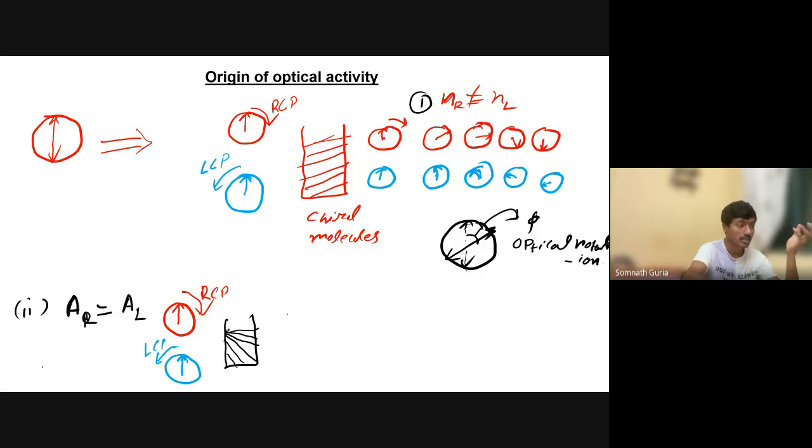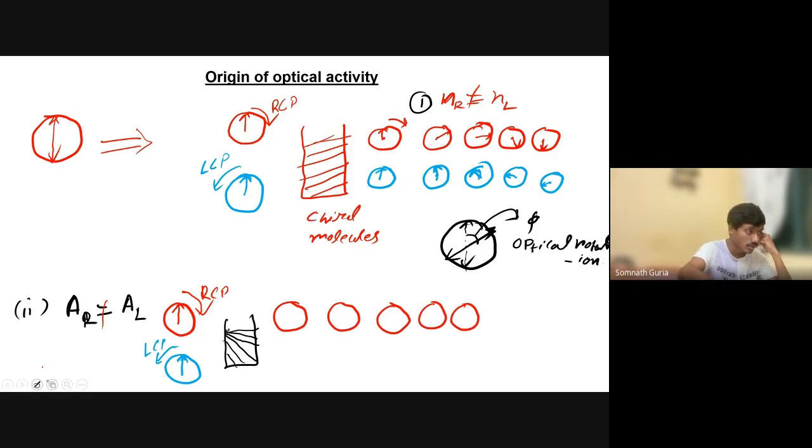So let's suppose LCP is more absorbed. So my RCP will be something like this, and LCP will be less intense.